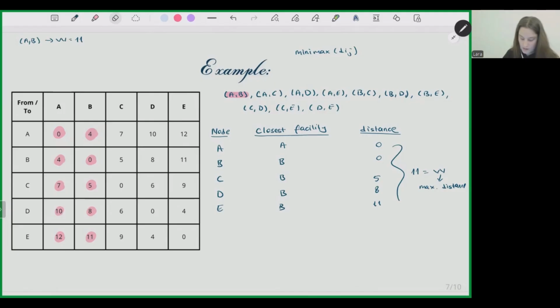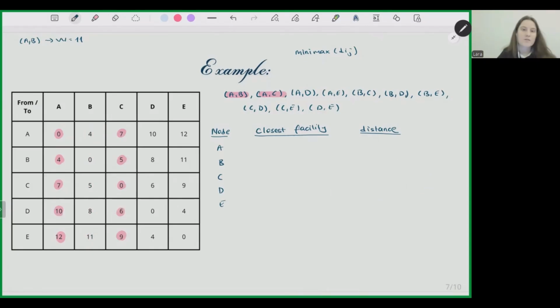Okay, so our next set is going to be A and C. So for A, the closest node is going to be itself A with 0 units of distance. For B, let's look, it's going to be A with 4 units of distance. For C, it's going to be itself C with 0 units of distance.